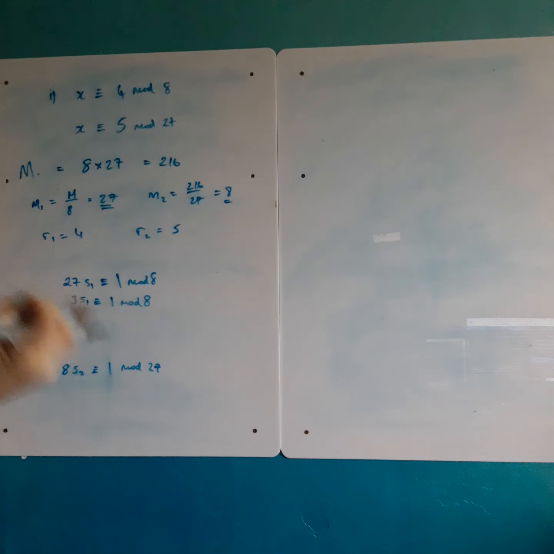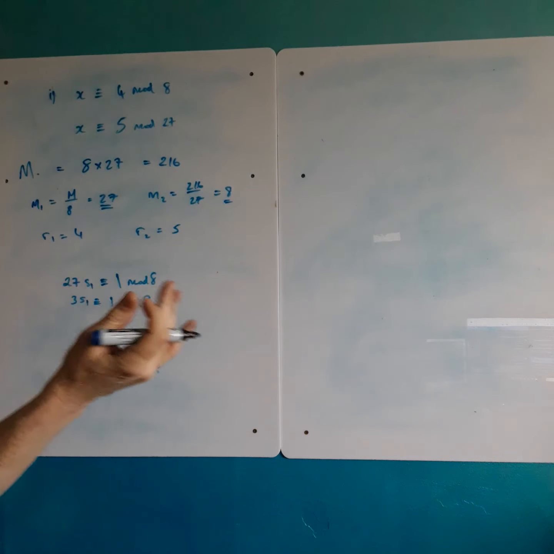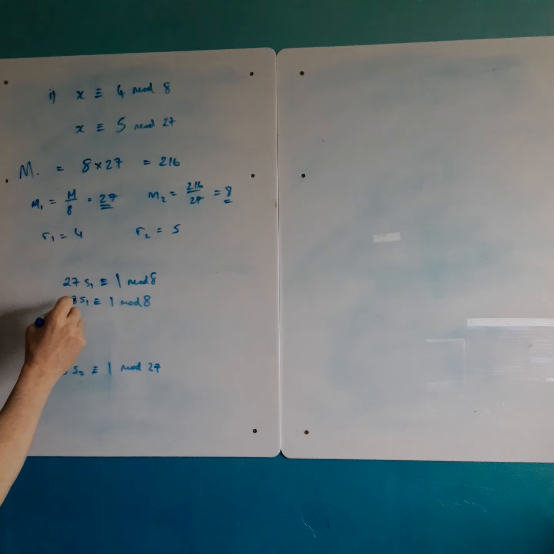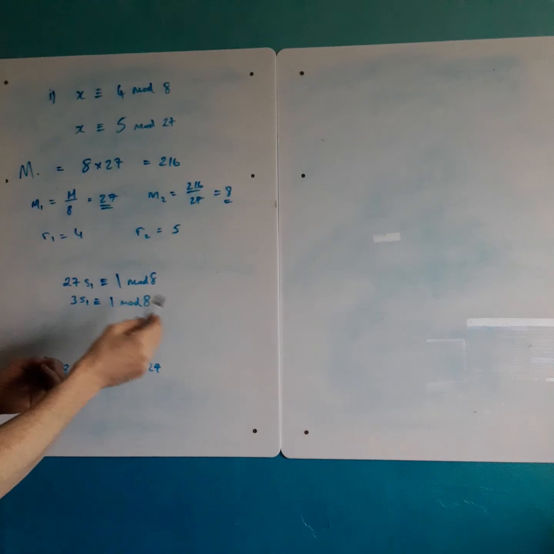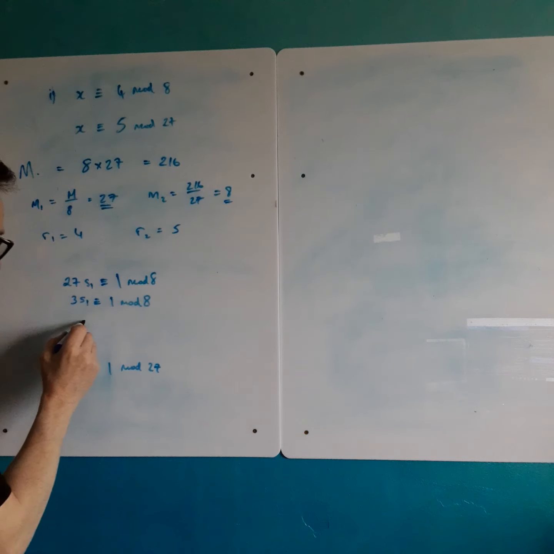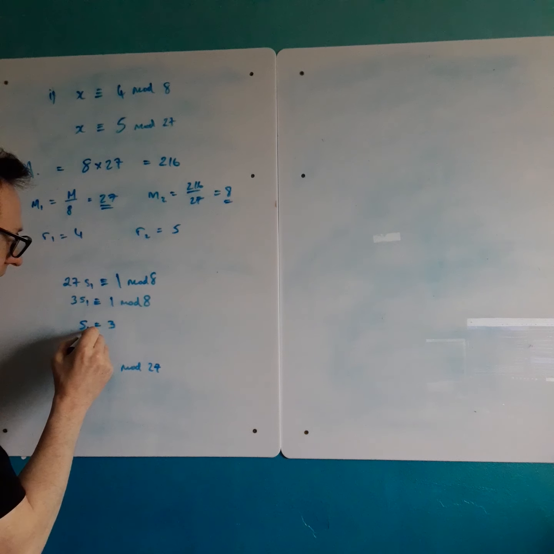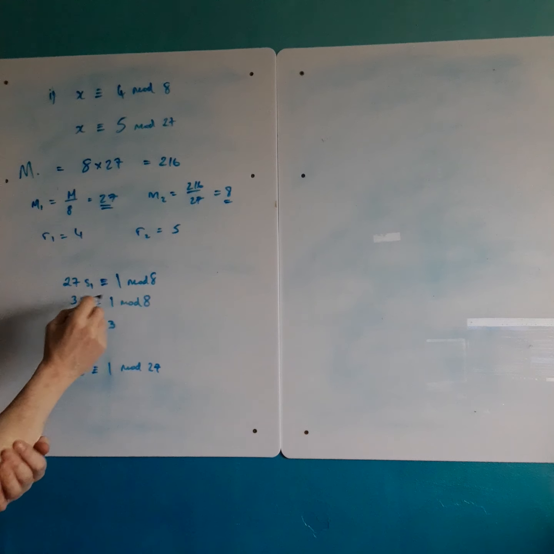It's unlikely to be 7, and it's never going to be 1, so it's 2, 3, 4, 5, 6, generally speaking. 3 twos are 6, which doesn't have a remainder of 1 when divided by 8. 3 threes are 9, which has a remainder of 1 when divided by 8. So S1 must be 3. It's its own inverse.